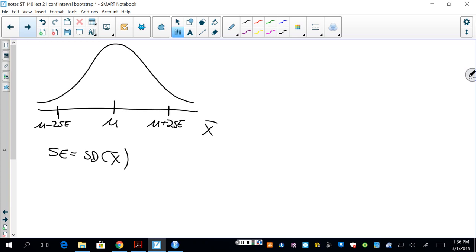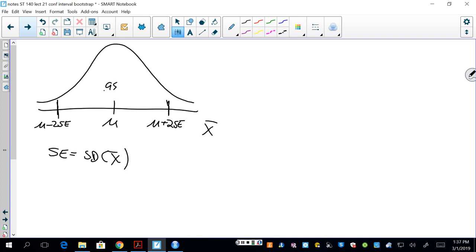About 95% of the time, we're going to be plus or minus about two standard errors. So if we can figure out what that standard error is, we'd have a good idea of how accurate our X bar would be.